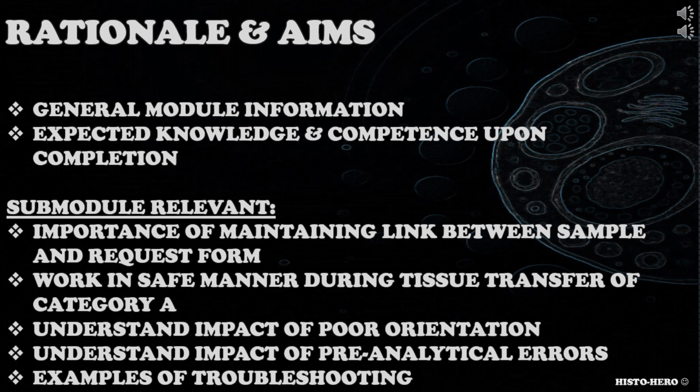Work in a safe manner during tissue transfer of Category A, minimizing tissue loss or sample mix-up. Understand the impact of poor orientation during tissue selection and its consequences to subsequent procedures. Understand the impact of pre-analytical errors relevant to tissue selection submodule. Provide examples of troubleshooting relevant to tissue selection submodule.